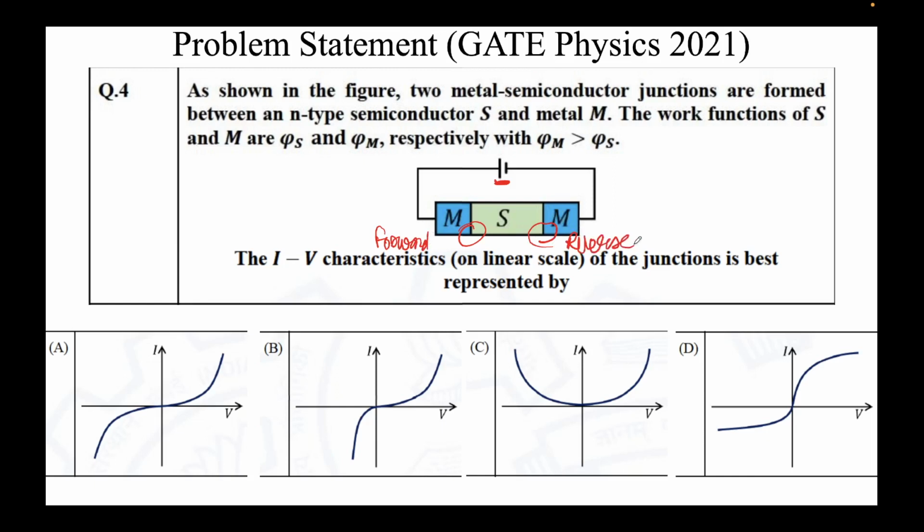We just saw in the previous slide that the characteristics look something like this. Let's say the applied voltage V is positive, say 5 volts or something. Then this will be conducting in forward bias. This is diode 1.